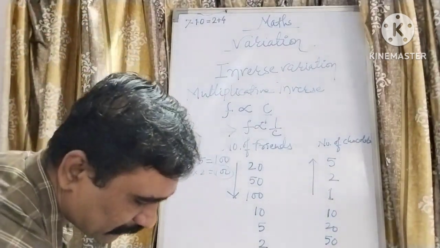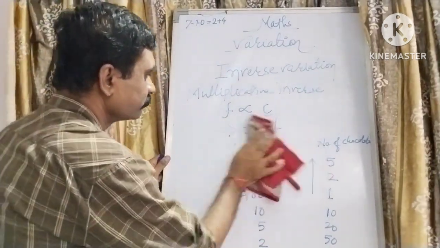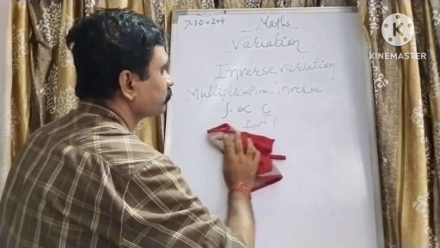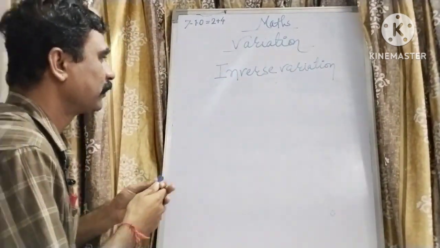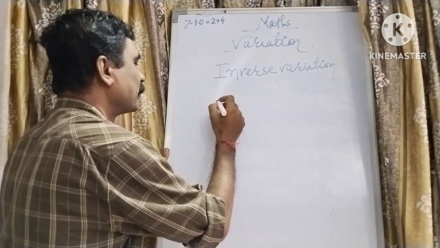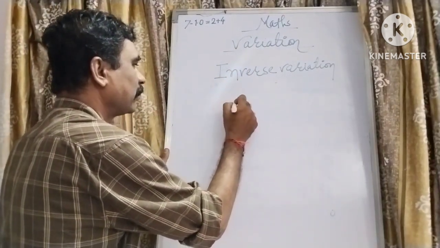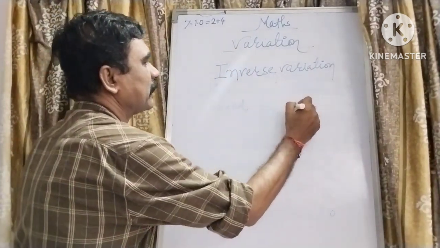See another example. If we take two quantities, suppose speed and time.